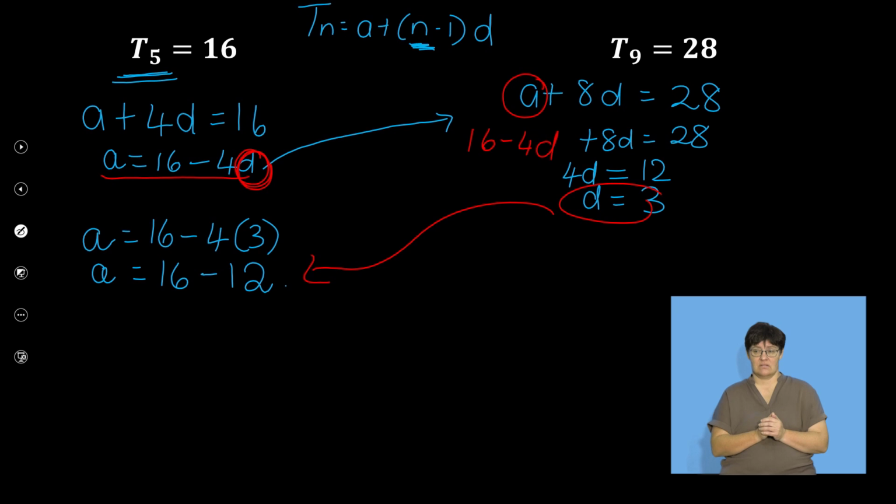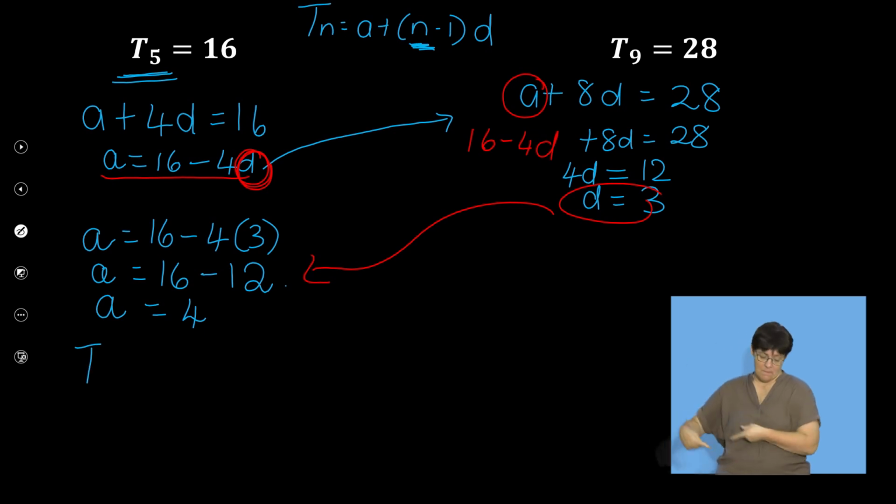Hopefully everyone will agree with me that that means A is equal to 4. So what I've done is a simultaneous equation where I have solved for A and D. I first isolated my A, and then I found my D and took it back to solve for A.